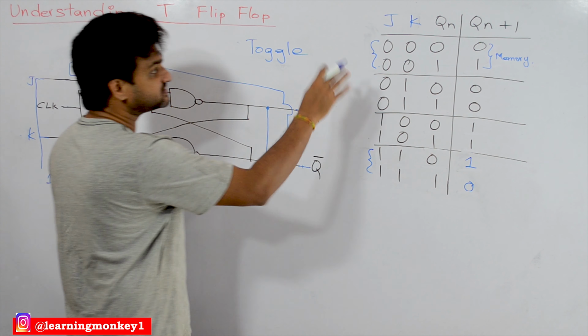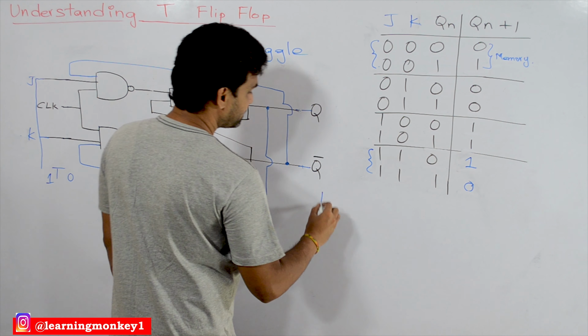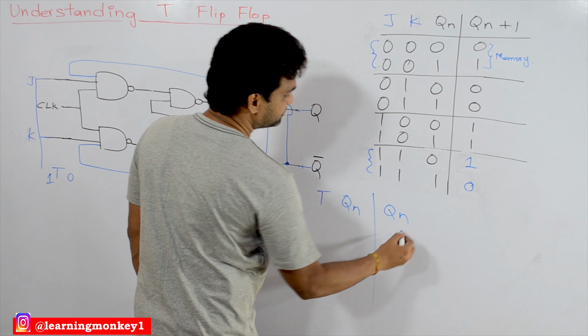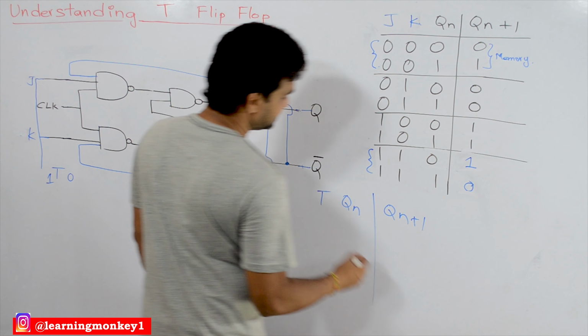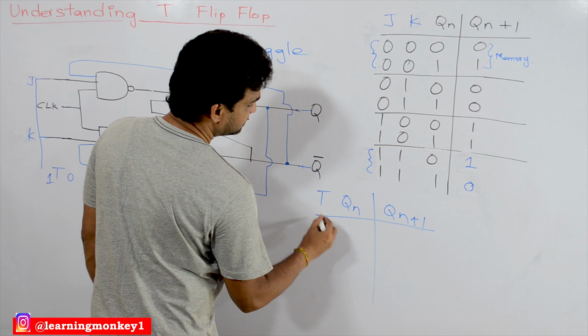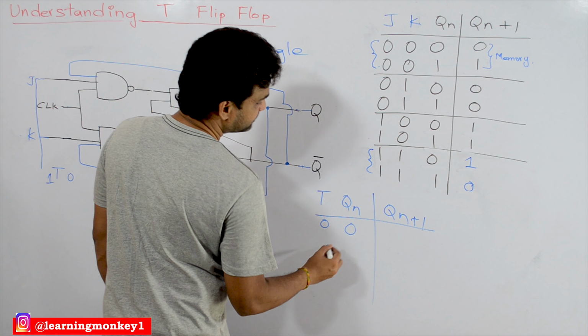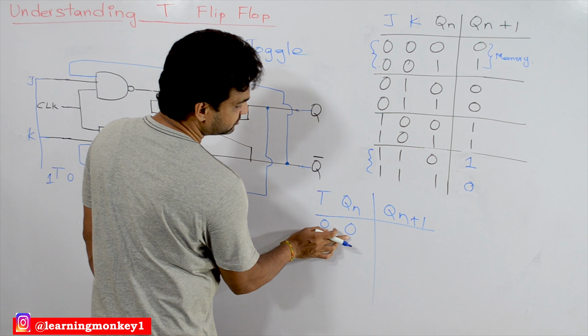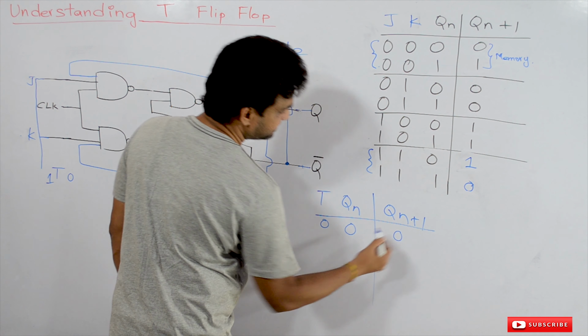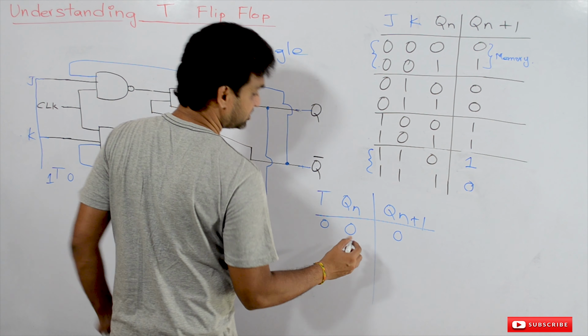Now coming to the characteristic table of the T flip-flop, the inputs are T and Qn, and the output is Qn plus 1. Whenever T is 0 and Qn is 0, it is going to be in the memory state. Whenever T is equal to 0, it is in the memory state.